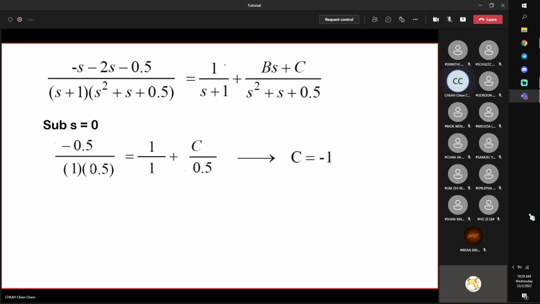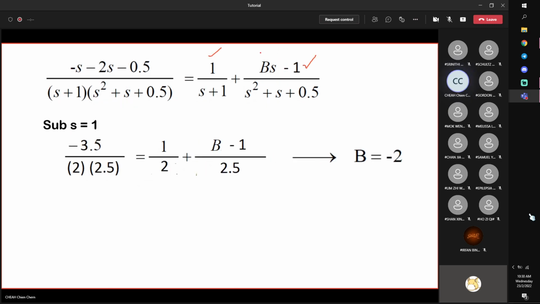After you get A equal to 1, there are only two unknowns left, and these two unknowns also can be solved easily if you choose your s wisely. If I choose s equal to 0, then B disappears. No more B, there's only C. Instead, I can solve for C directly. Putting s equal to 0 also makes things easier: this will become 0.5 only, this will become 1 only, and I can simplify it very easily. Then C is known, so there's only one unknown.